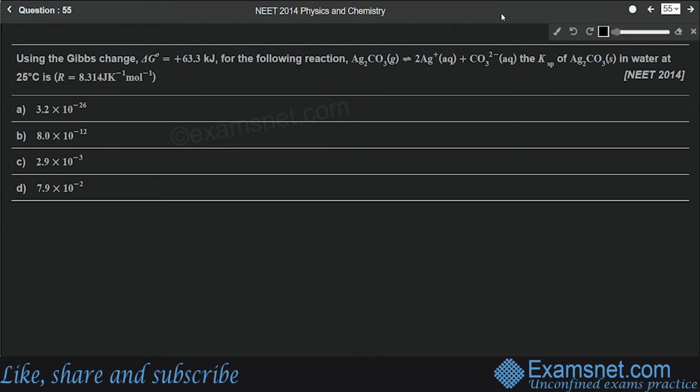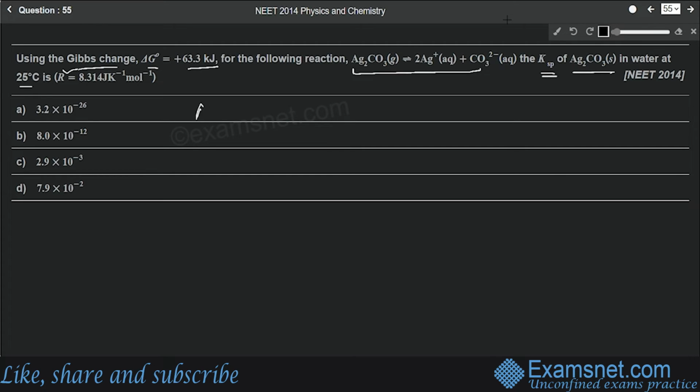Question number 55 is from the chapter Equilibrium, and the question is, using the Gibbs energy change delta G naught equals 63.3 kilojoule for the following reaction, this is the reaction, the Ksp of Ag2CO3 in water at 25 degrees Celsius is, the value of R is given. Okay.